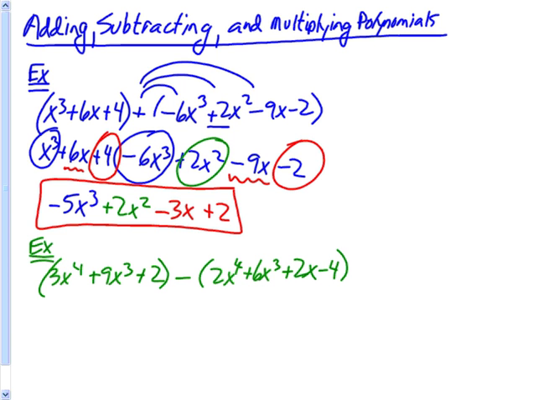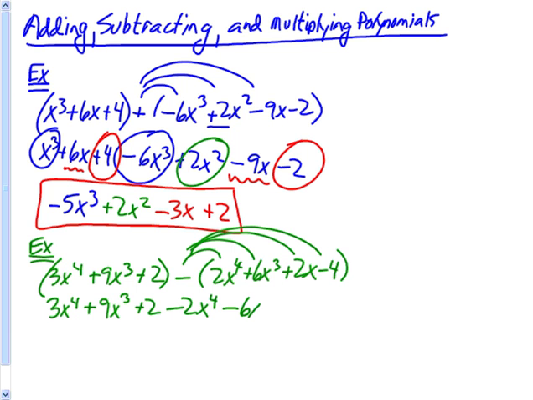Okay, let's do that one. Here's our problem. I'm going to go ahead and distribute that minus to each of those. Okay, drop our parentheses. So 3x to the 4th plus 9x cubed plus 2 minus 2x to the 4th minus 6x cubed now minus 2x, and of course a negative times a negative 4 is a plus 4 on the end.